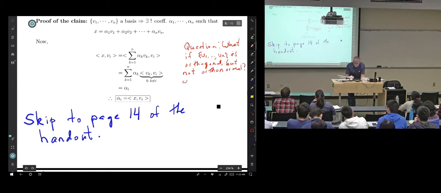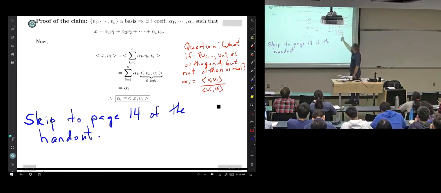And alpha_i is the inner product of x with v_i, divided by v_i inner product with itself. So that's the norm of v_i squared. Okay.